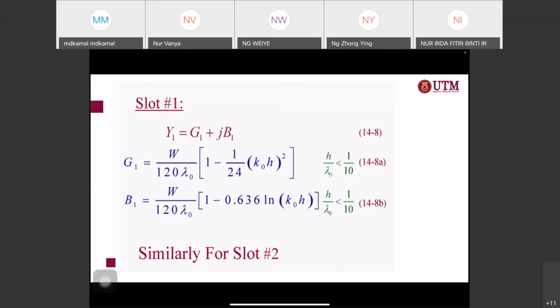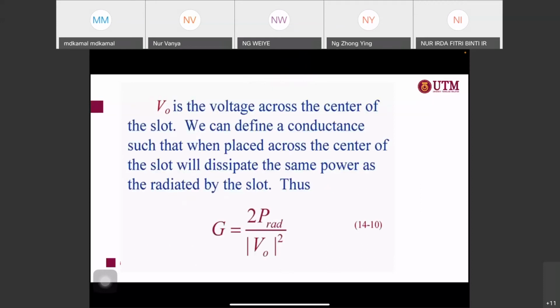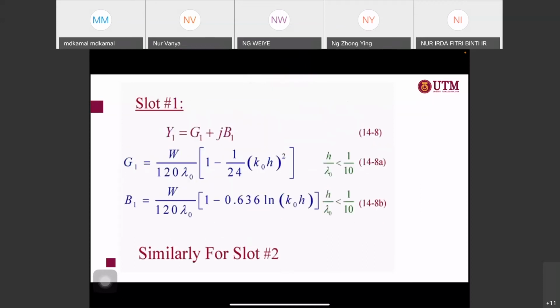Then B1 is equal to this, which you can use when H over lambda naught is less than 1 over 10. Similarly for slot number 2, in terms of slot 1 and slot 2, we assume that the same equations are used.